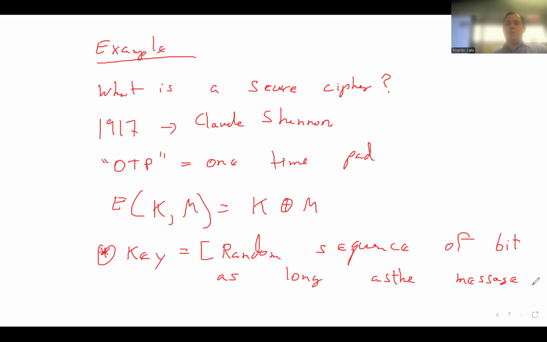So that's how he started to study this. And so he applies the XOR operation. Okay, that's the one-time pad.